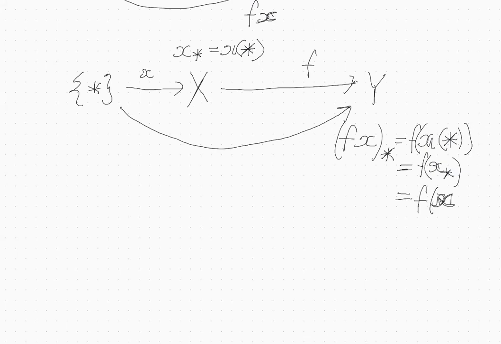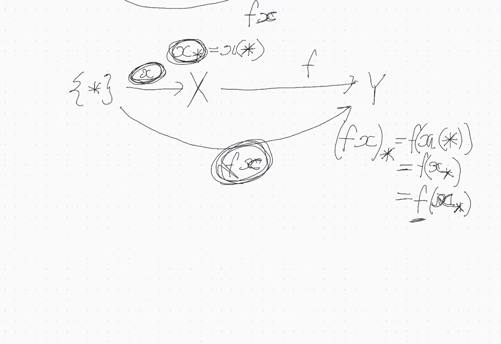So you see that when x is a morphism representation of the element x star, the composite fx becomes the morphism representation of the value of f at that x star.